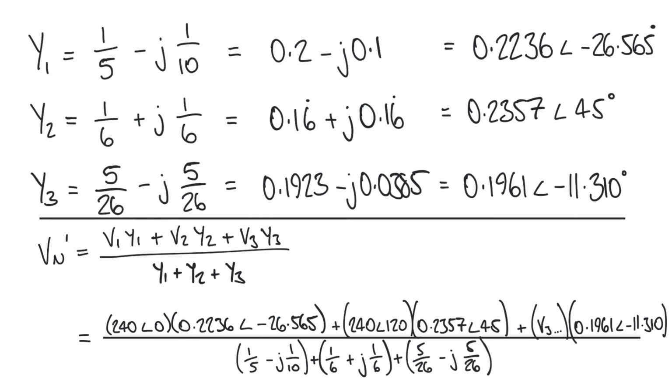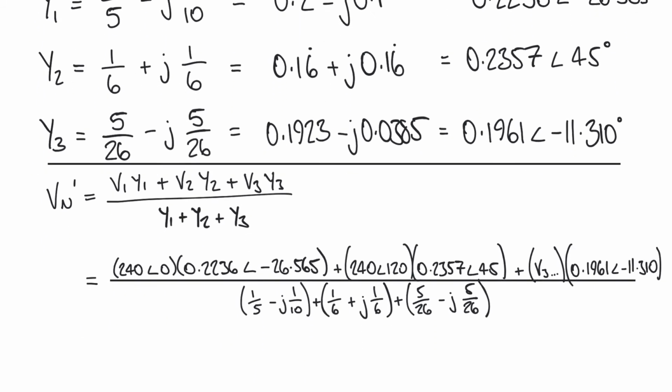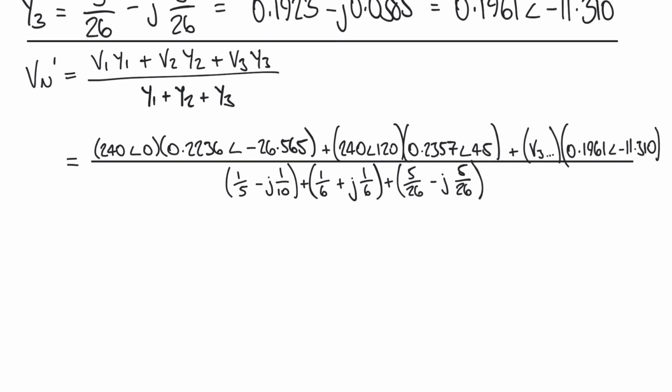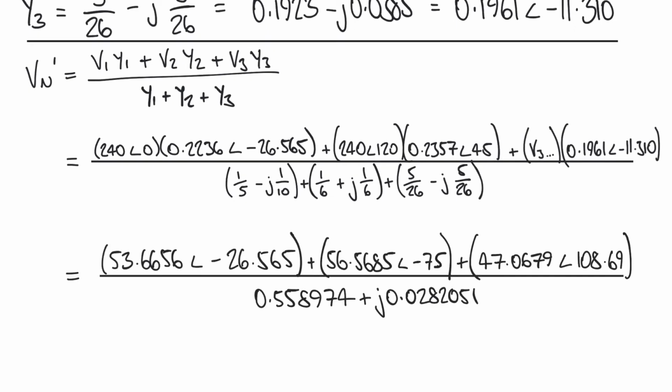So we'd have 240 multiplied by 0.2236, which gives us 53.6656 in this case, and we would add 0 plus minus 26.565, and that's going to give us minus 26.565 as our angle. And the same method for each of these. So now we have 3 terms in polar form after we've multiplied each of those double brackets together.